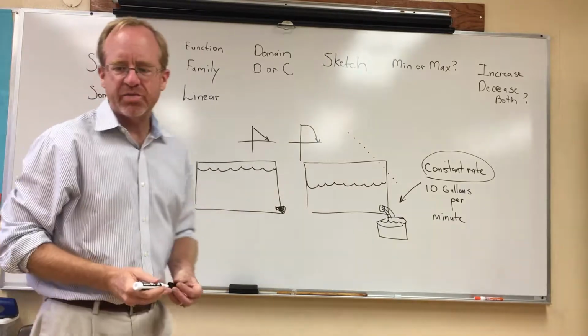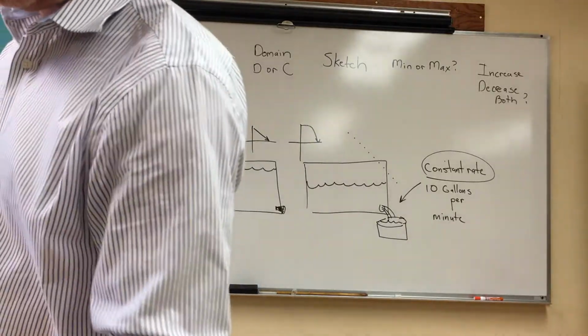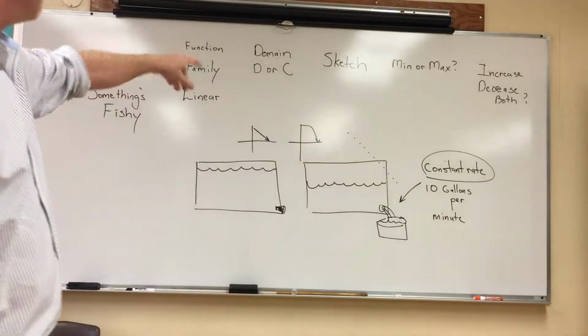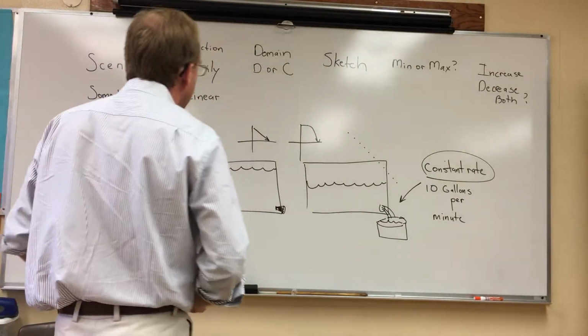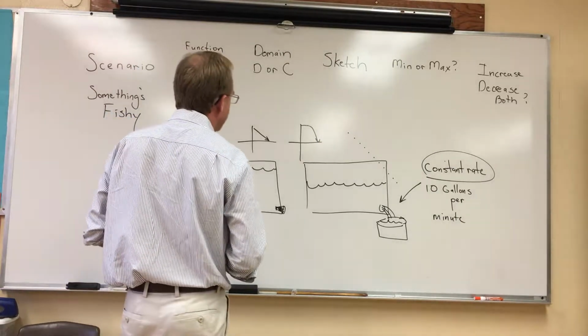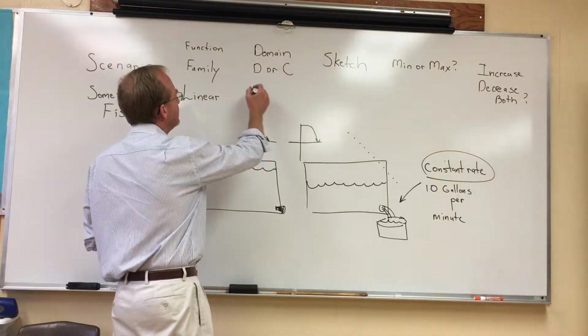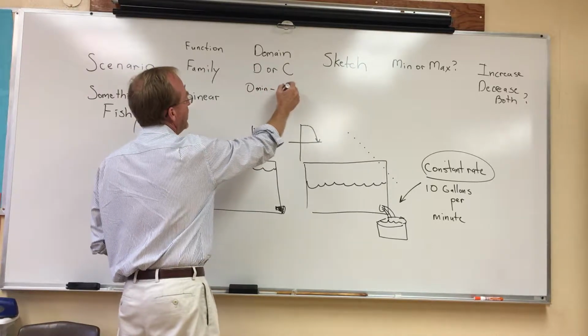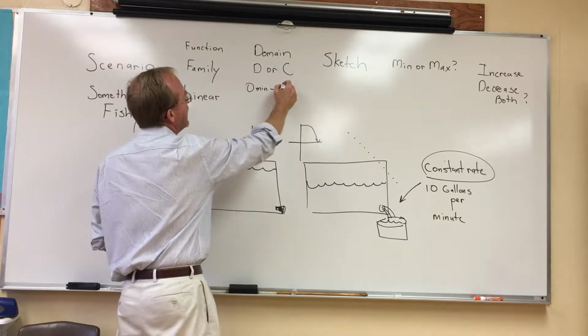All right, our next spot we have to fill in the domain. And is it discrete, D for discrete, or continuous? Our domain is going to be our timeline from 0 minutes to, I don't know how many, let's say final minute.